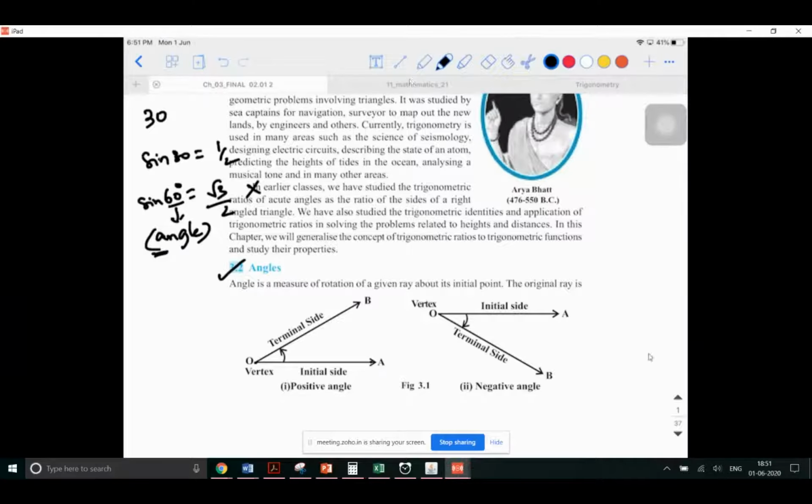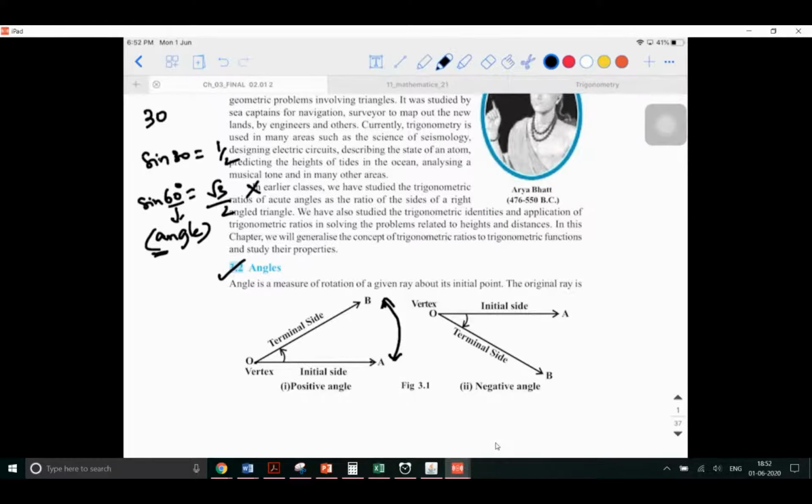A protractor. But in real life it is not possible to have a protractor in our pocket every time. We need a more generalized method, something which can be measured easily without the help of an instrument like a protractor.